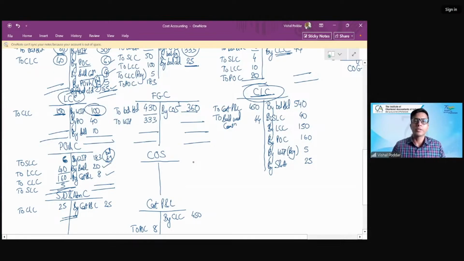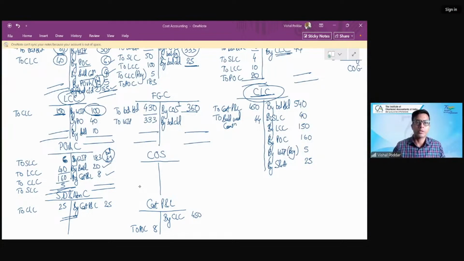Now I'll balance this. So I will find out the balancing figure, which represents my closing finished goods, or I will simply call it balance carried down. Correct? So it comes to, I think, 403. Right, Anurag? Yes, correct, Tejaswin.